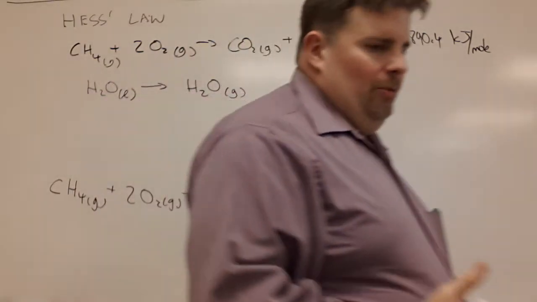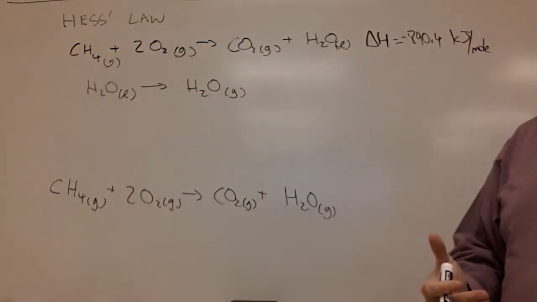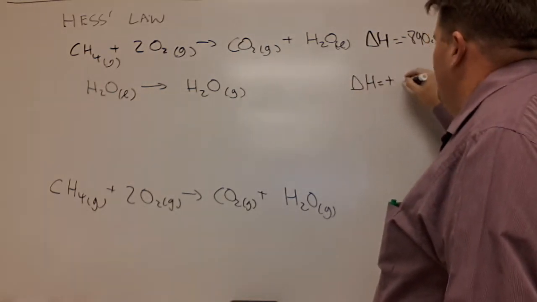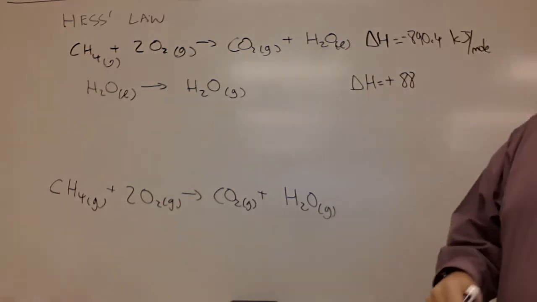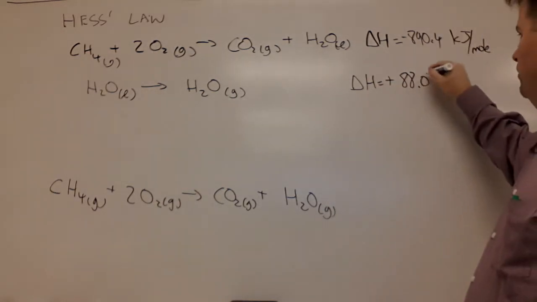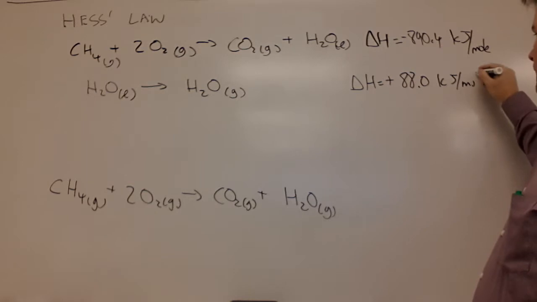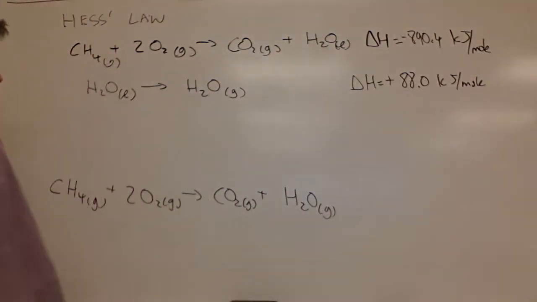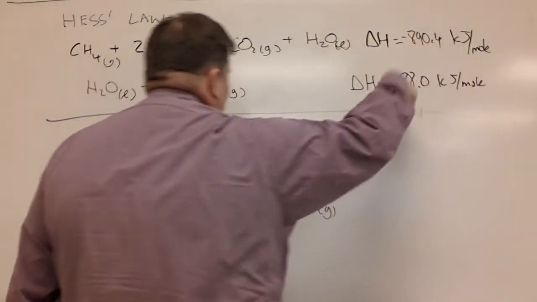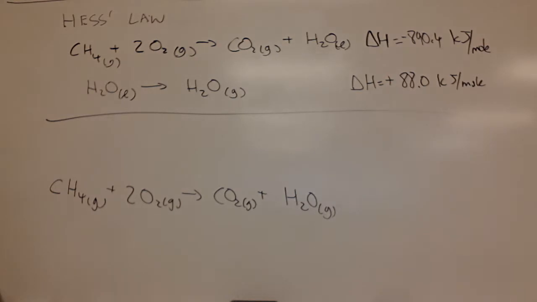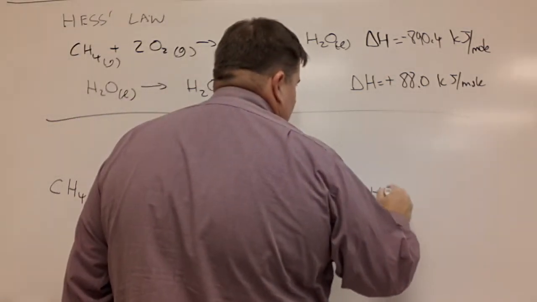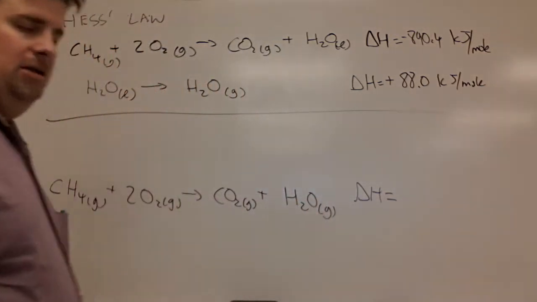And the energy that was required to turn liquid water into gaseous water was a positive 88.0 kilojoules per mole. So Hess looked at this and said, okay, since I know both of these terms, if I combine them, I can add or subtract these values, whatever needs to be done, in order to get the delta H for this down here with the gas.